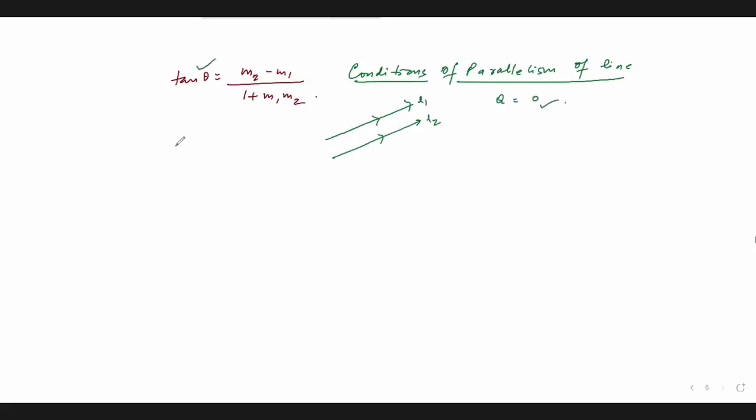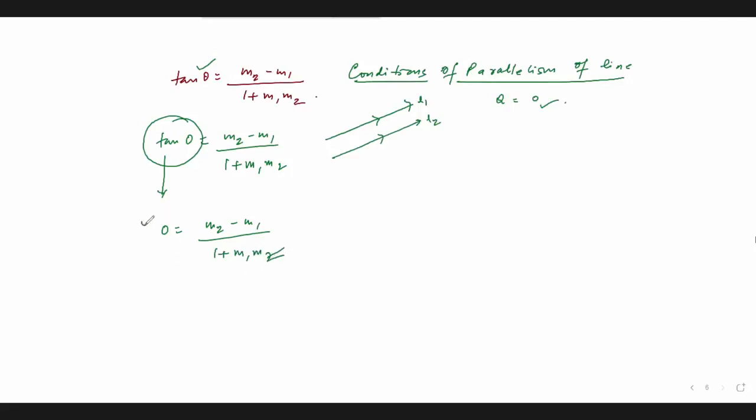So I can put my angle, tan 0, equal to (M2 minus M1) upon (1 plus M1 M2). What is the value of tan 0? It is 0 only. So (M2 minus M1) upon (1 plus M1 M2), I put equal to 0, and this whole will become 0, and I am getting M2 minus M1 is equal to 0.